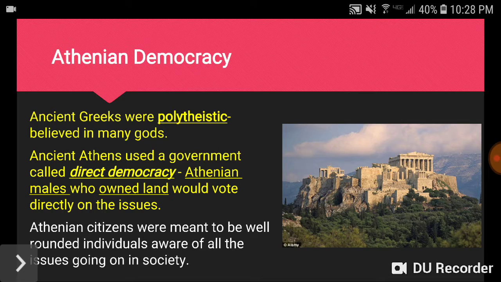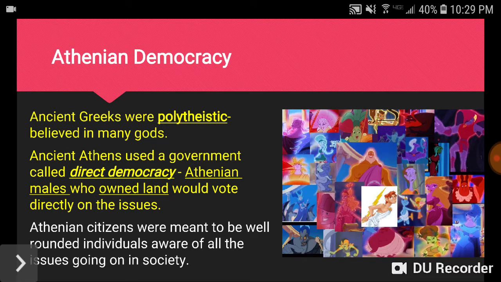So what you have is a group called the Ancient Greeks. The Greeks were around in the place called Greece, which is basically the southern part of Europe, and they practiced something known as a polytheistic religion. So they had a belief in very many gods. Judaism and Christianity are not polytheistic religions.